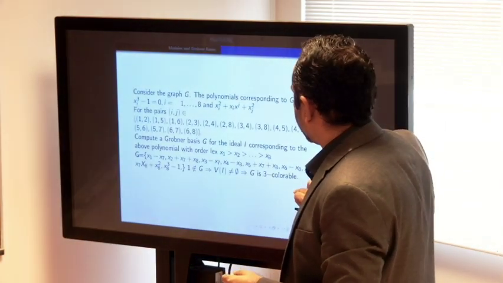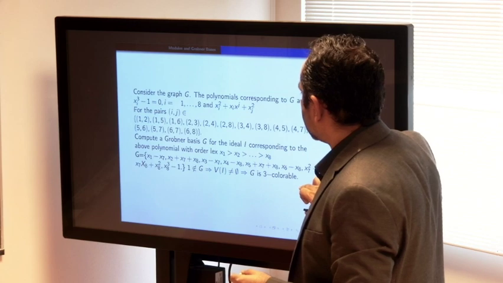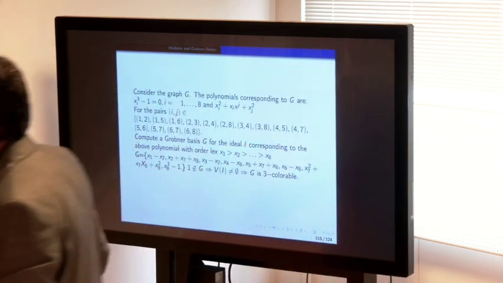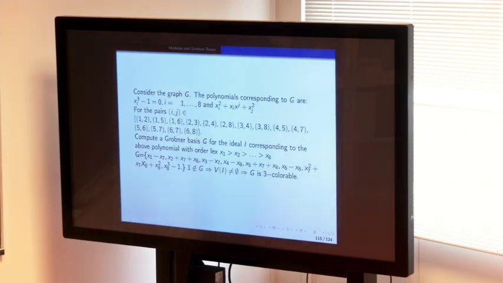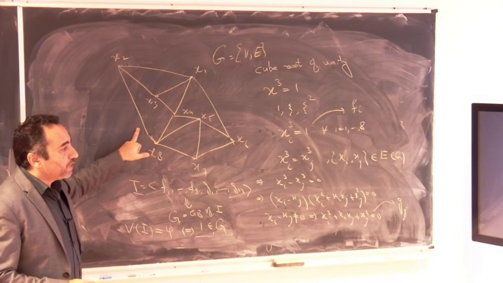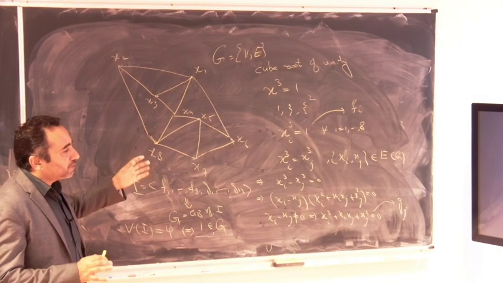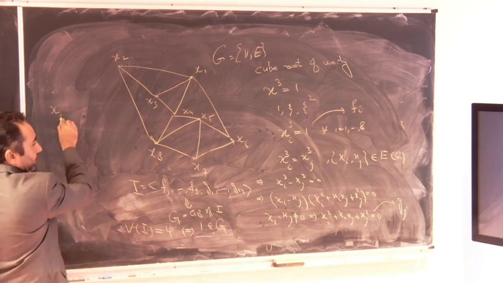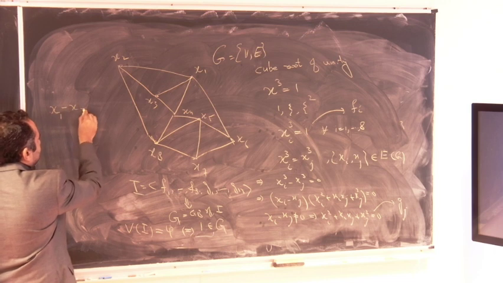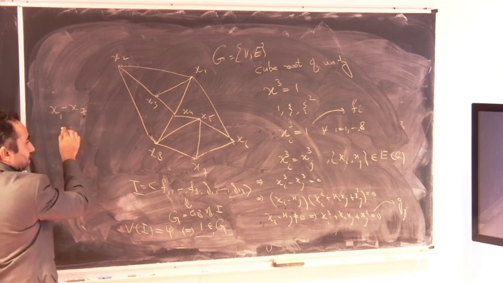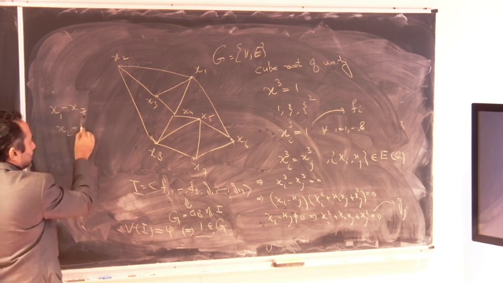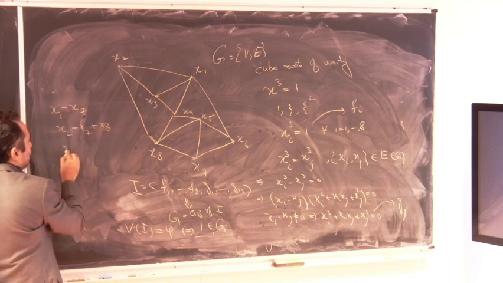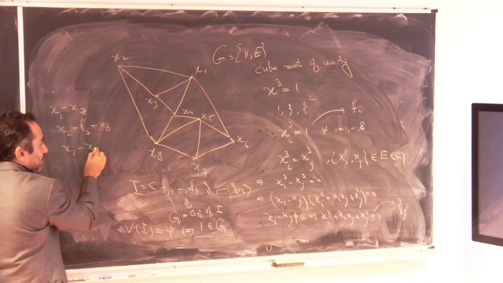But not only up to here, we can even decide colors using the form of the Gröbner basis. For example, for this graph, we have already computed its Gröbner basis, and it has factors like x1 minus x7, then factors like x2 plus x7 plus x8, then we have x3 minus x7.